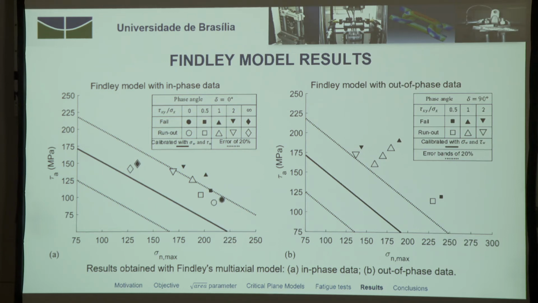Calibrating the Findley model with the values obtained by the square root of area parameter, we obtain this full line. The dashed line represents an error of 20%, and in the experimental results, the full marks represent the failures, and the empty marks represent the runouts.